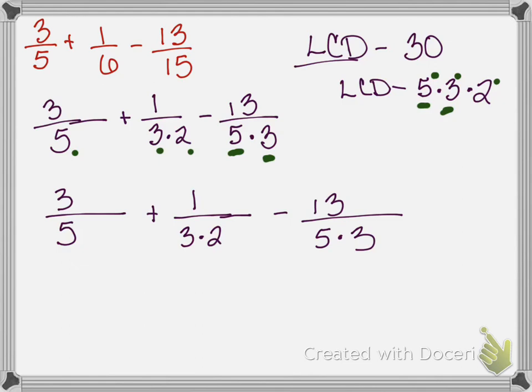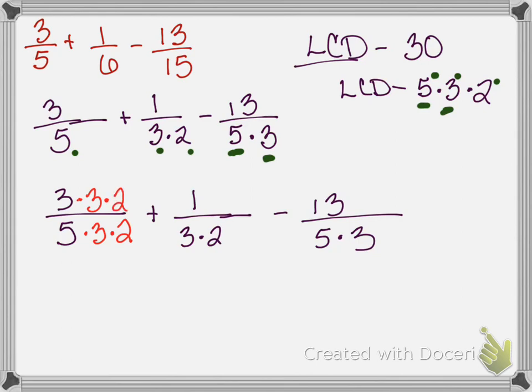So of these right here, what is that missing? The 3 and the 2. So I've got to multiply my denominator times 3 and times 2. If I multiply the denominator times that, what do I have to do to the numerator? The same thing. So here I'm going to multiply times 3 times 2.